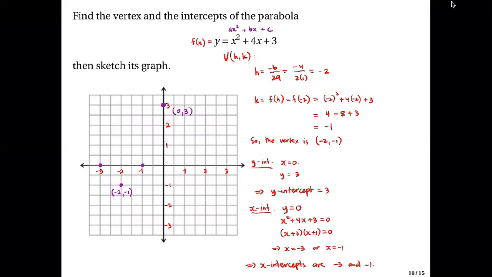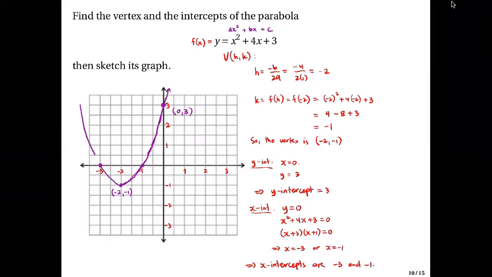So the graph will be something like this. Take note that this is a parabola, so make sure that at least you give justice to the parabola. Give it some concavity. It's not just a straight line. So this is this side here, and for the other side, we have something like this.